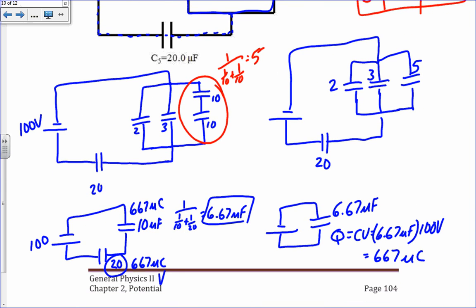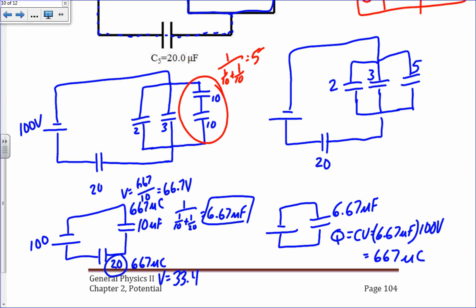So this has a voltage equal to 33.4. I can also find the voltage up here. It's going to be Q over C. That's 667 over 10, which is 66.7 volts.